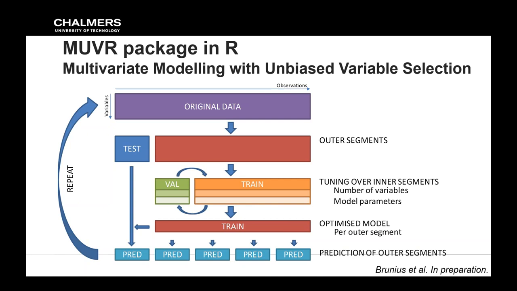So the package for doing that, you said it's available in R, is it? It's the MUVR package. It's not available yet. We haven't published it yet. We're writing the manuscript now, actually. So we hope to release this to the public very, very soon. But there are, of course, other approaches to selecting variables. There's a bunch of packages in R. There's the Boruta package, the VSURF package.